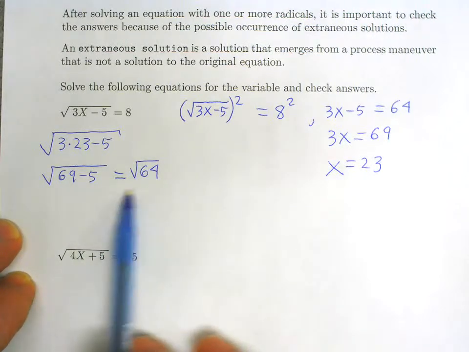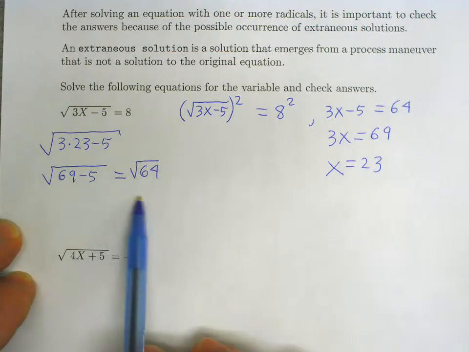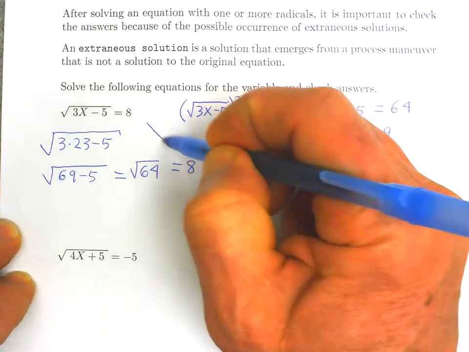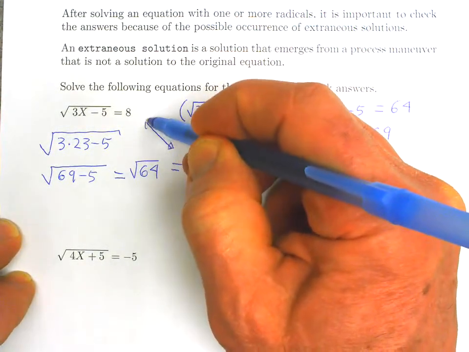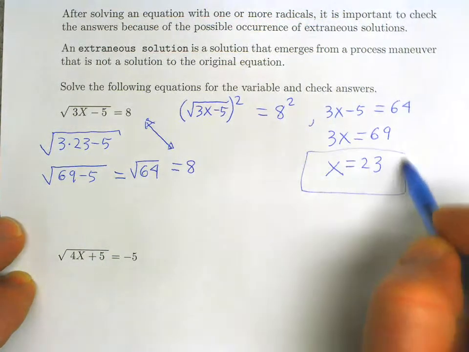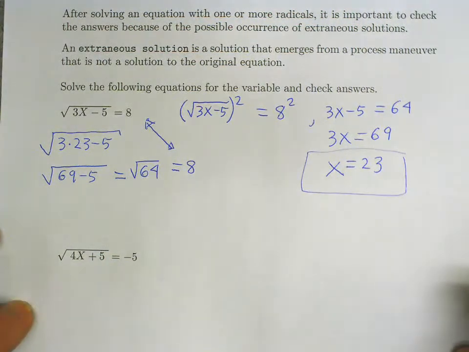This is the principal square root, so it's positive. The positive square root of 64 equals 8. Since that matches what we began with, that verifies that x equals 23 is the solution to that equation.